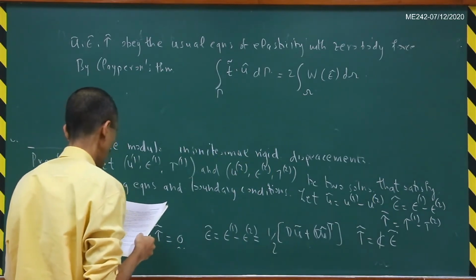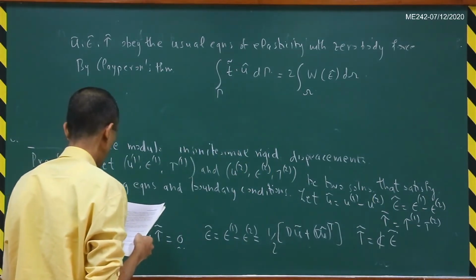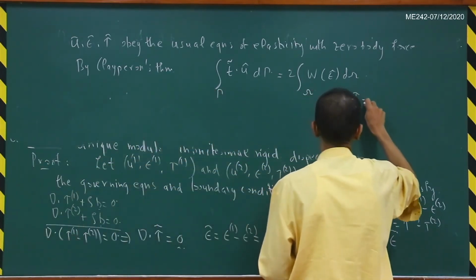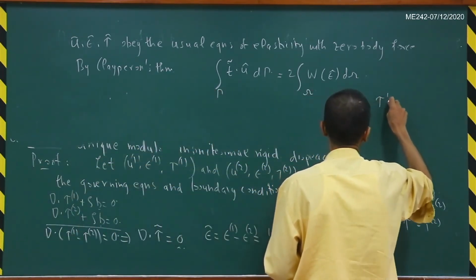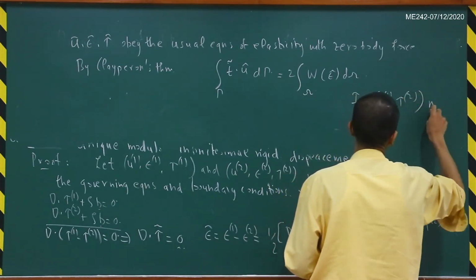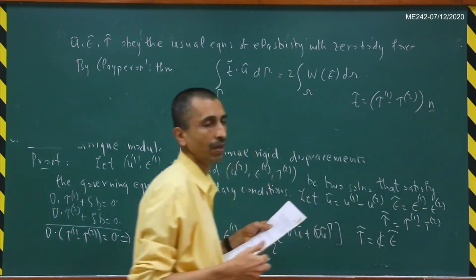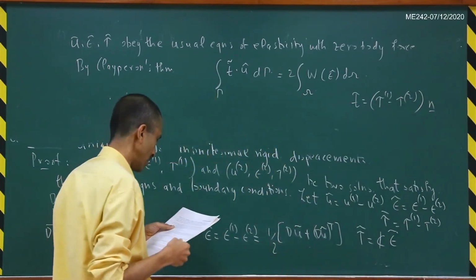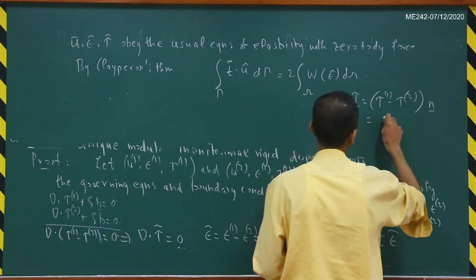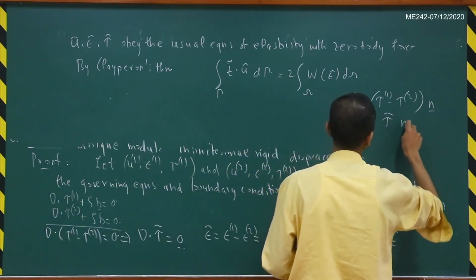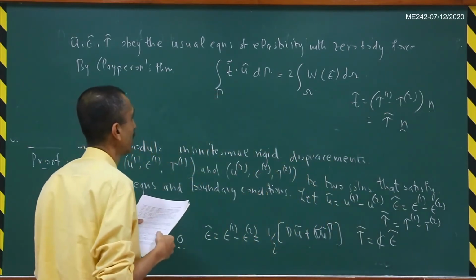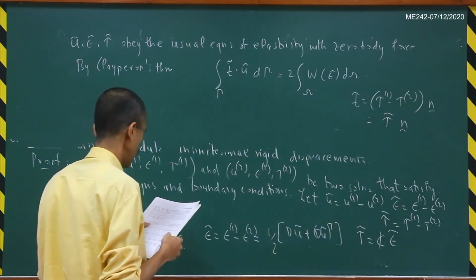And here this t tilde is equal to tau 1 minus tau 2 times n. That is the Cauchy principle. So that is your tau tilde in this case, and this is equal to tau tilde times n.